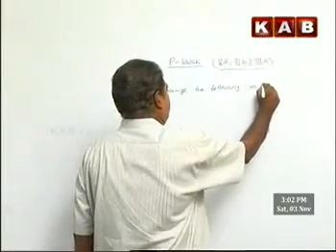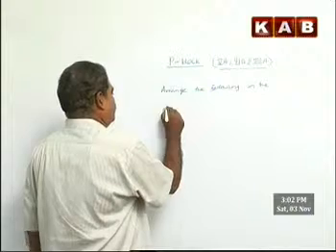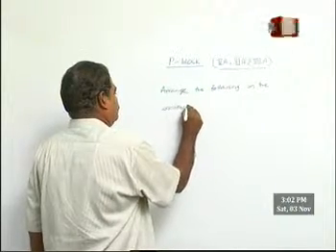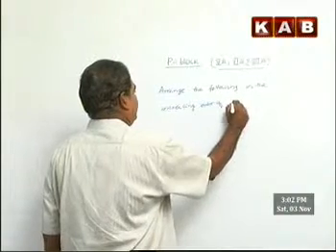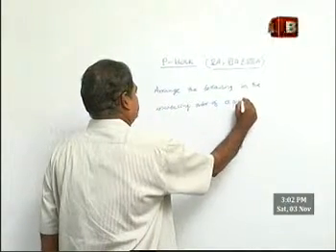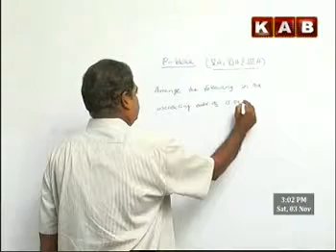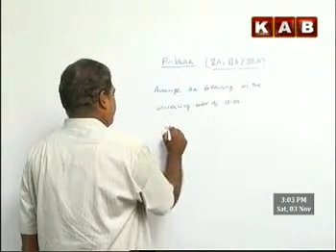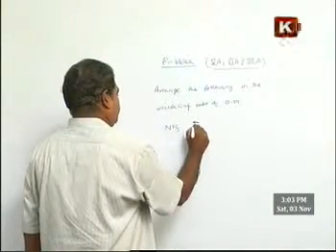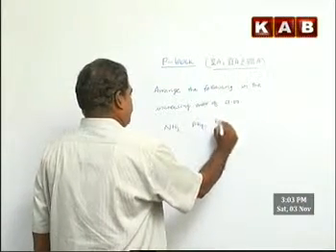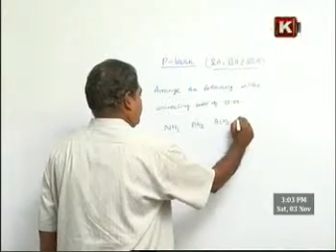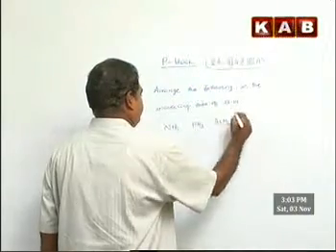In the increasing order of boiling points: NH3, PH3, AsH3, SbH3.